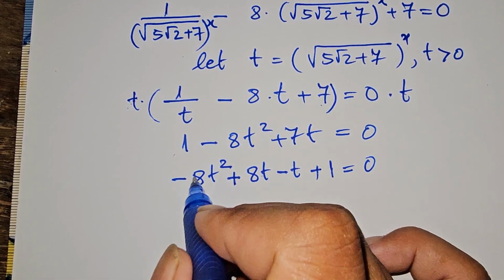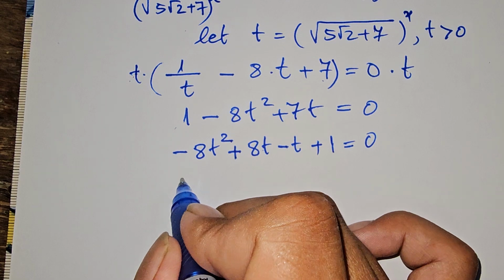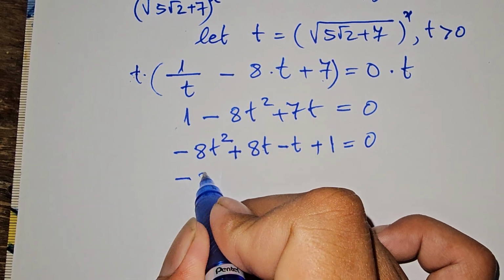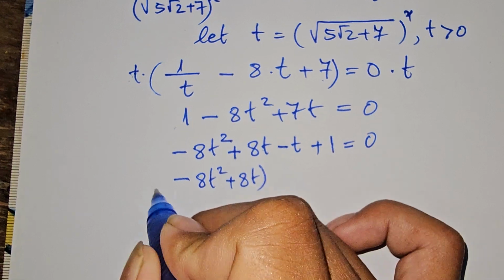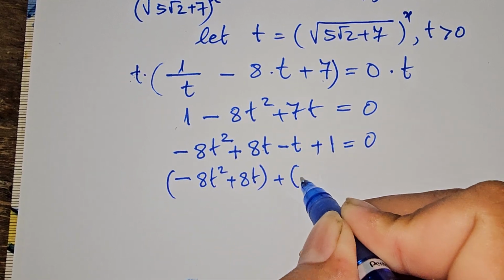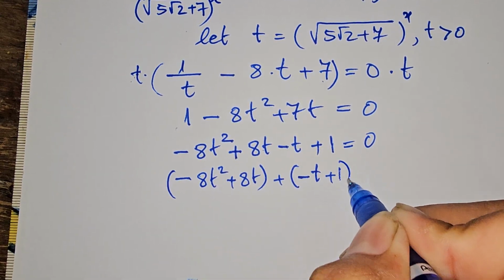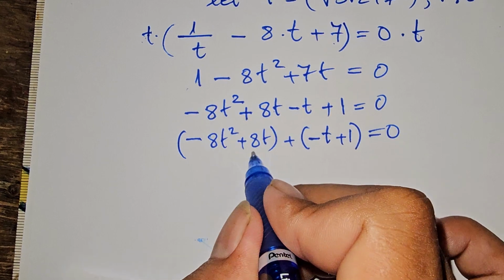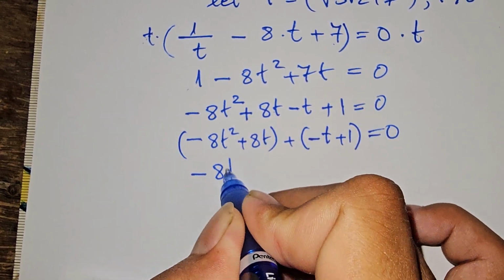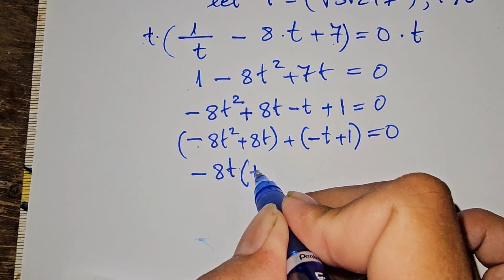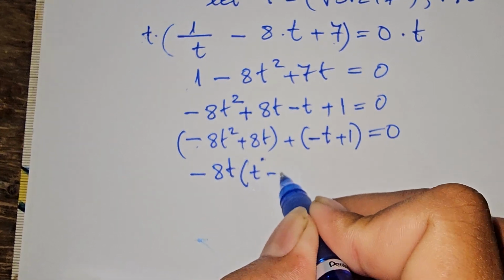And now we get negative 8t² plus 8t, plus negative t plus 1 equals 0. And here we take negative 8t out, we get t minus 1.